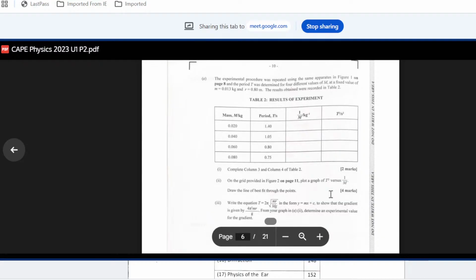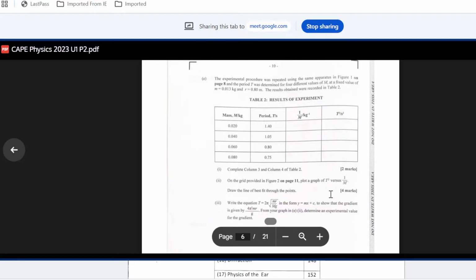So look at part 3. It asks you to write that same equation in the form y equals mx plus c to show that the gradient is that. Look at what exactly is being plotted here.